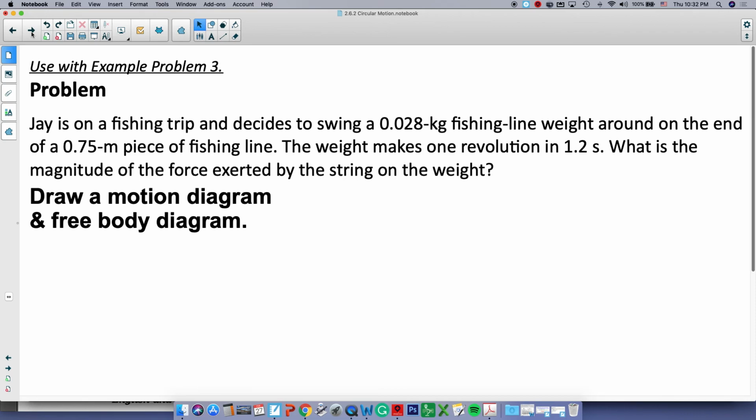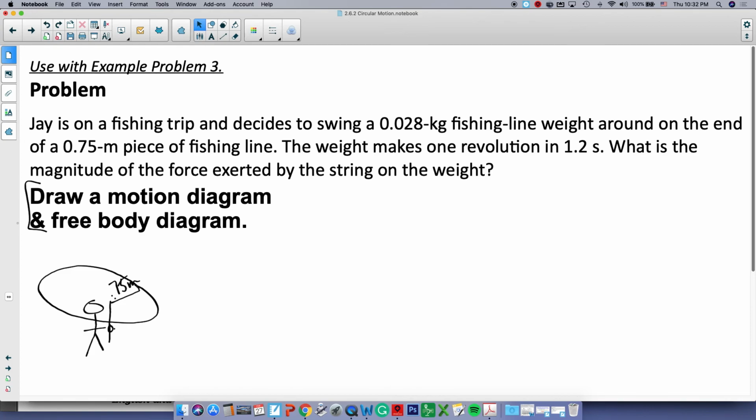All right, so I have an extra thing on here. Draw a motion diagram and a free body diagram. So if you wanted to, I'd say we've got our dude with the fishing pole here, and this is the motion of the weight. Okay, so that's 0.75 meters.